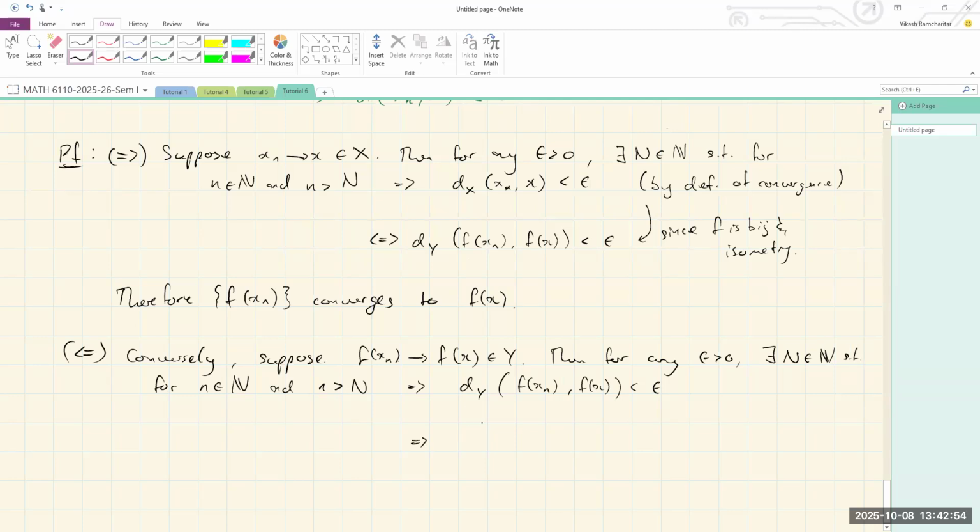Now, since f is an isometry, I could rewrite this as the distance between xn and x. Since f is an isometry, these two sides are equal. So again, therefore, the sequence xn converges to x.